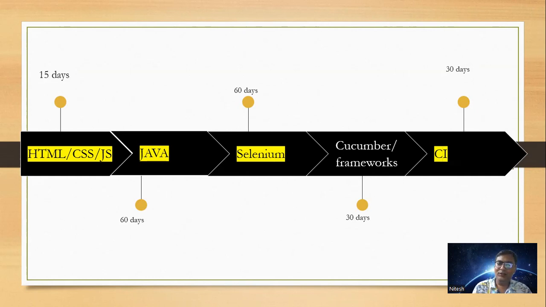You can do any course from anywhere, that's fine. But this particular roadmap has come through a lot of brainstorming and real practical experience, about how much time one should invest to learn these things properly.